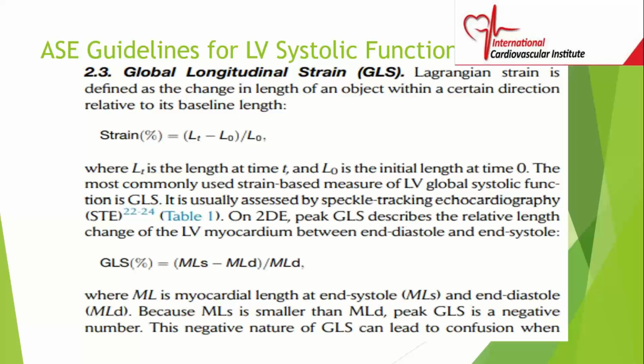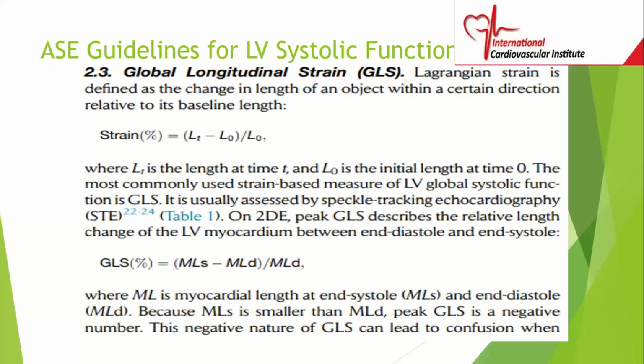If we use the longitudinal length from the base to the apex in diastole as L naught, when the heart contracts and the base moves up towards the apex, then the systolic longitudinal length, that's LT, is going to be less than L naught. So once you put that in the equation, you're going to get a negative number. So basically what we're saying is what percent of shortening the heart does.